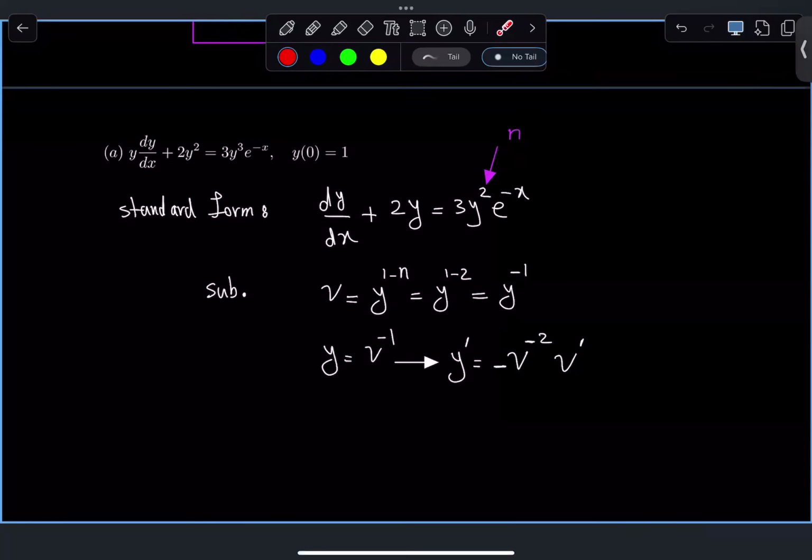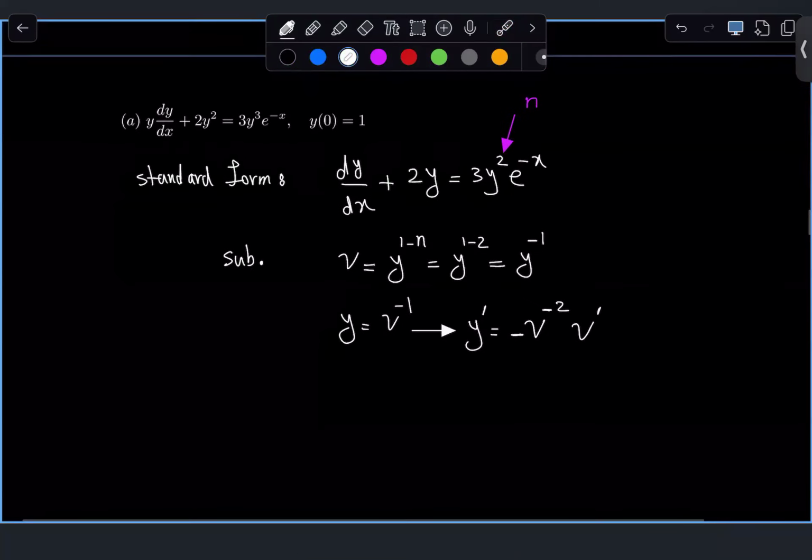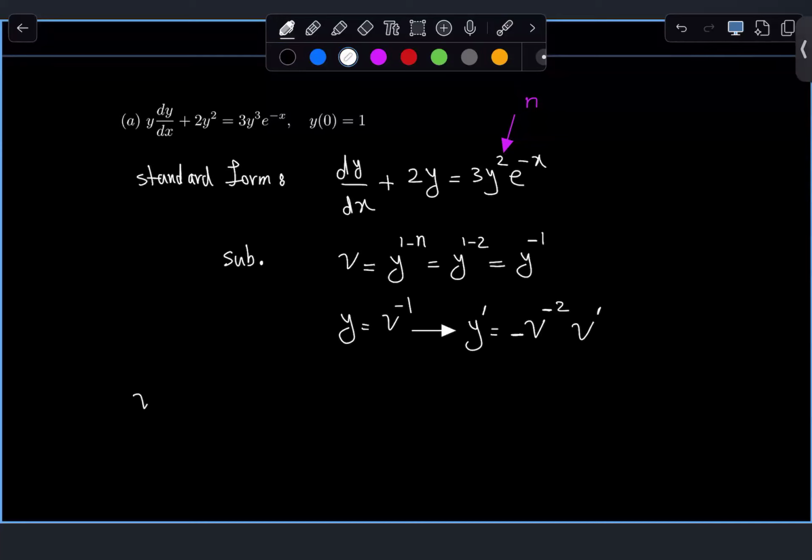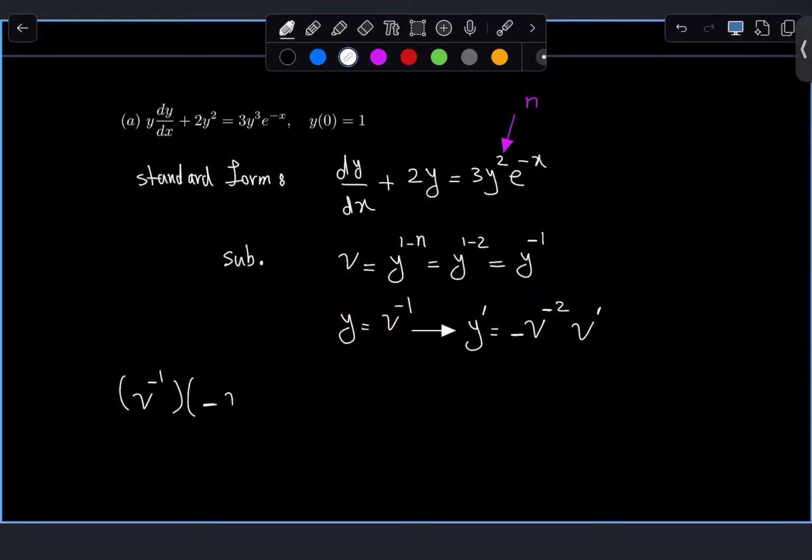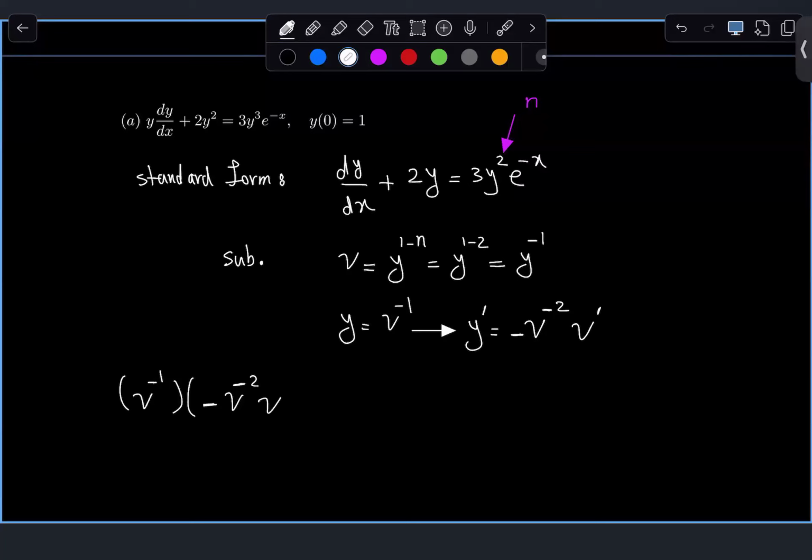Okay, so let's go and plug it in. What do I get? I have y dy dx. y is v to the negative 1. dy dx is negative v to the negative 2 times v prime.